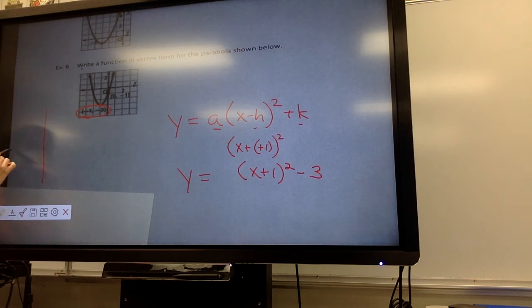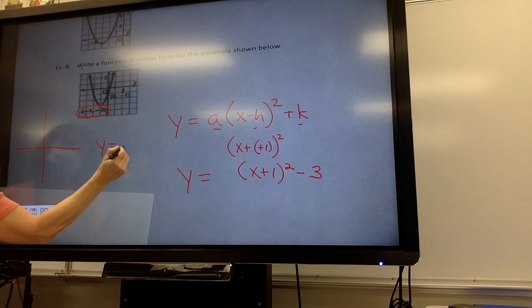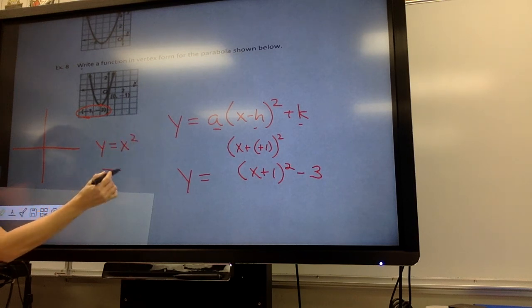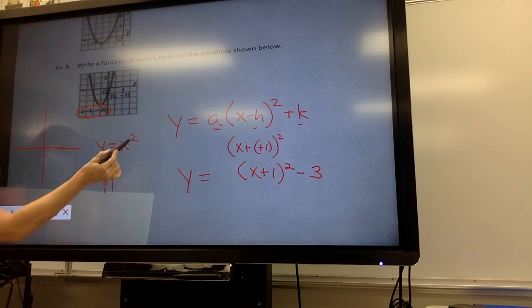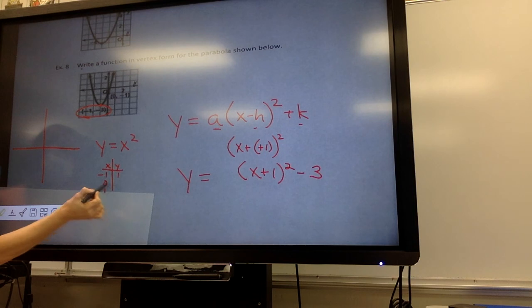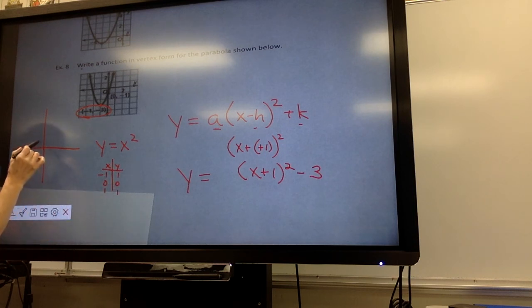If you remember the parent function, y equals 1x squared from yesterday. Okay, when we graphed that, we put in a -1, a 0, and a +1. When I put in a -1 and I squared, I got 1, 0, and 1. So when I graphed that, here's 0, 0, 1, 1, -1, 1.